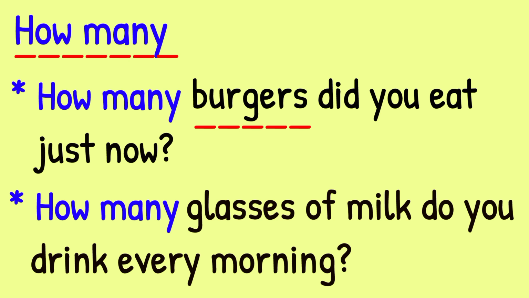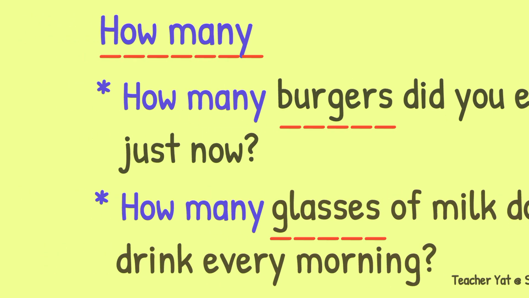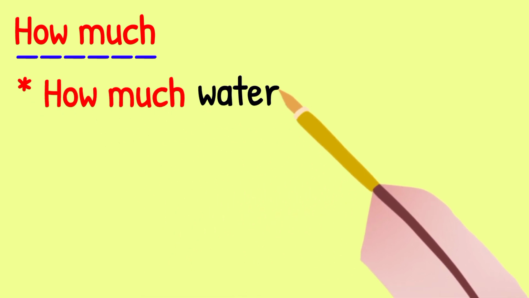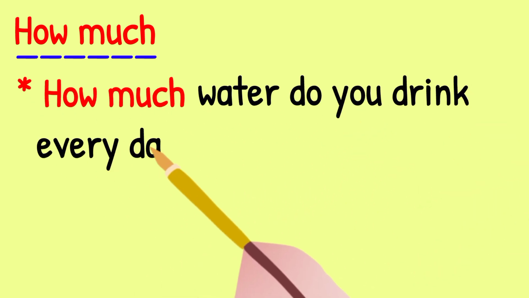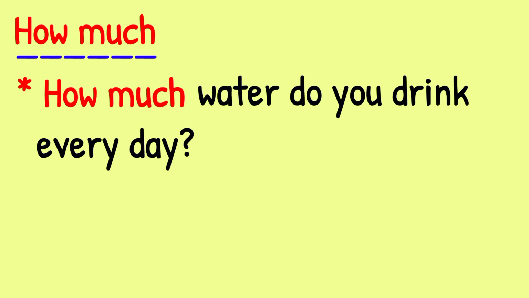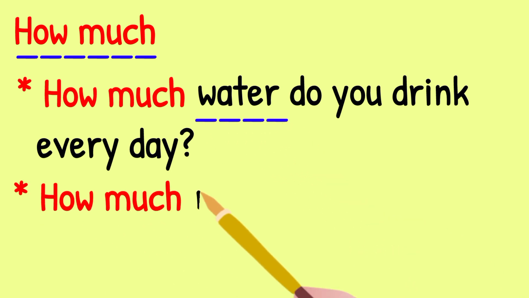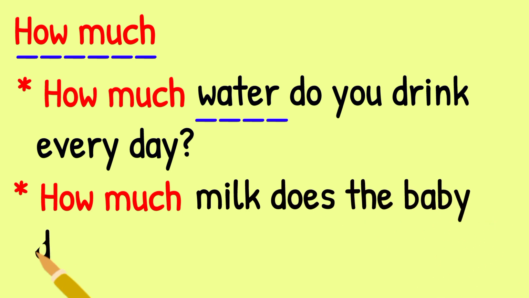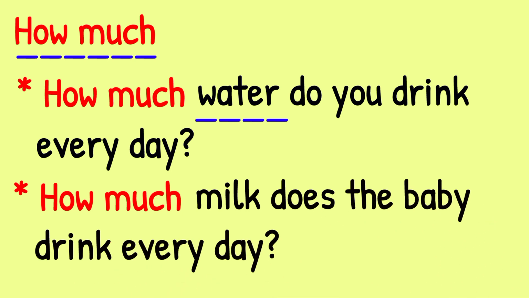The words in underlines are the keywords. For how much, there are 2 examples. The first one is, how much water do you drink every day? And how much milk does the baby drink every day? The words in underlines are the keywords. That's the end of the lesson.